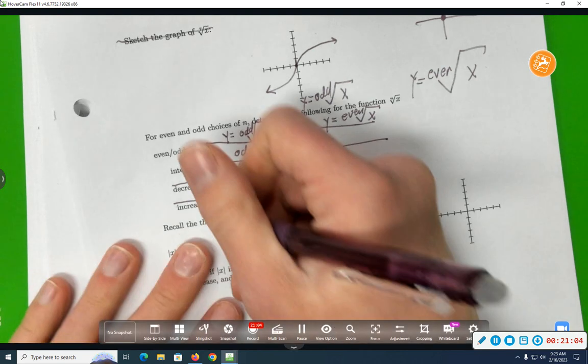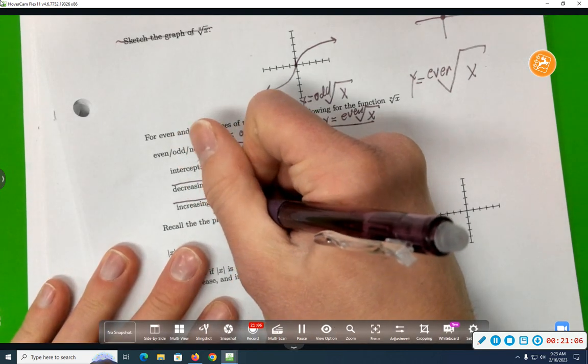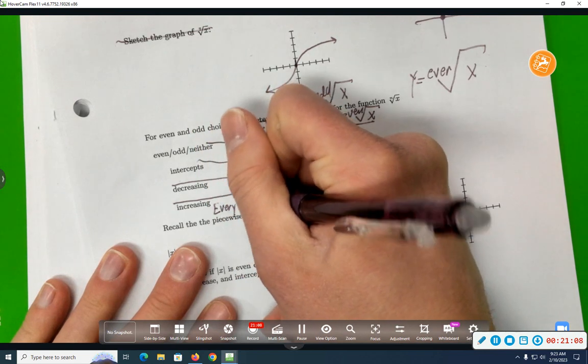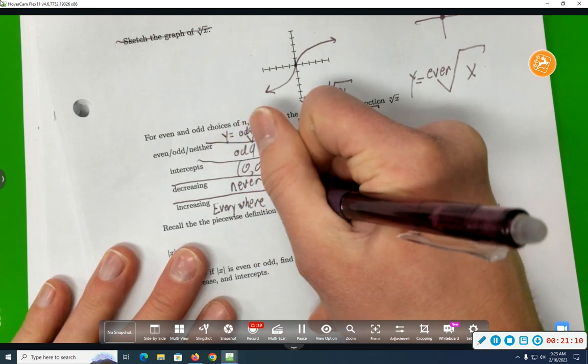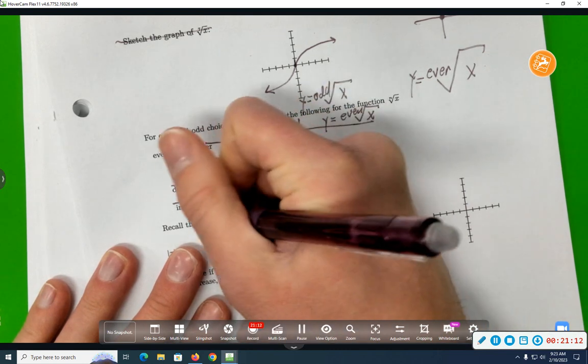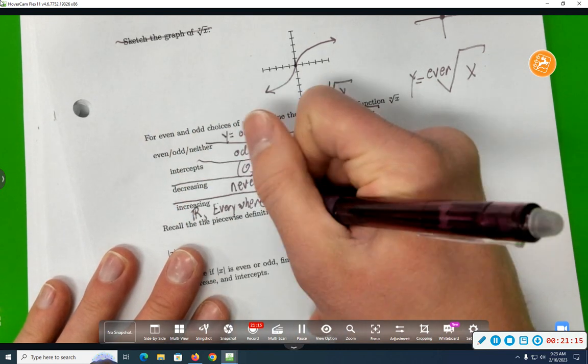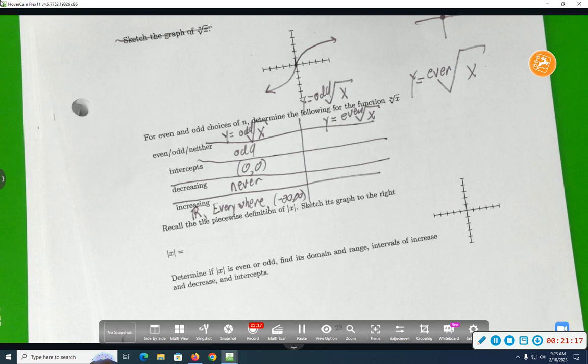Everywhere. That seems like a good enough answer. If you happen to prefer negative infinity to infinity, great. If you'd rather indicate it with blackboard bold R, great. Nice. Folks feel pretty good about that?